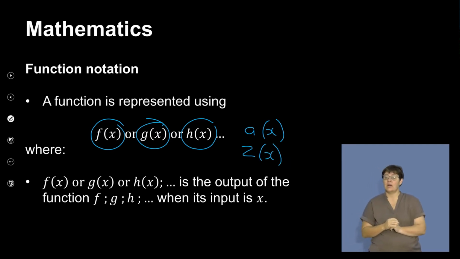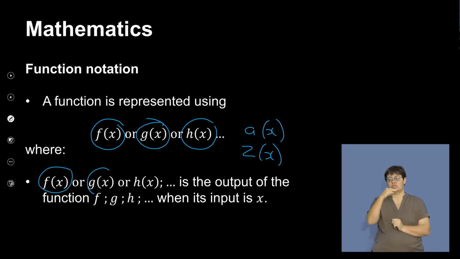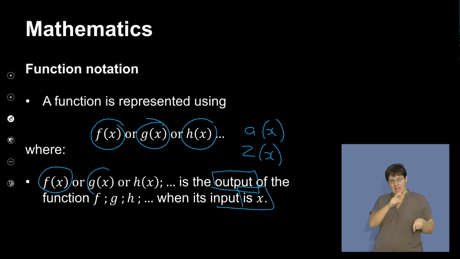But what that means is that the f of x, the g of x, the h of x, the a of x, and the z of x, they all represent the output value when the input value is x. So the f, the g, the h will be the label of your function, right?